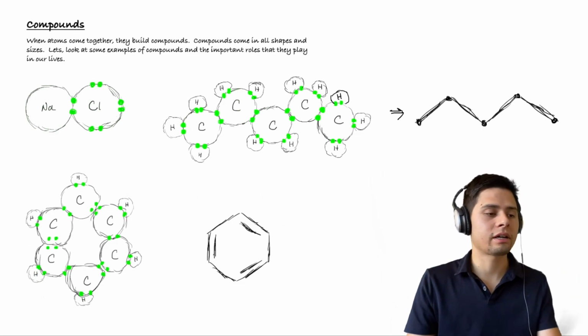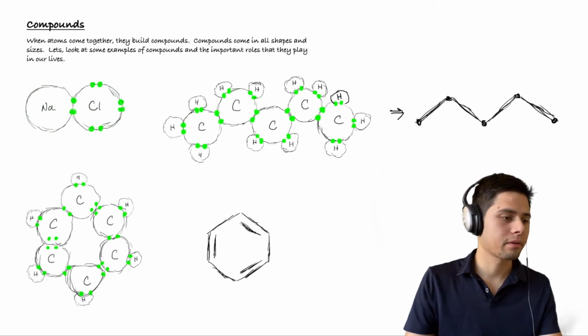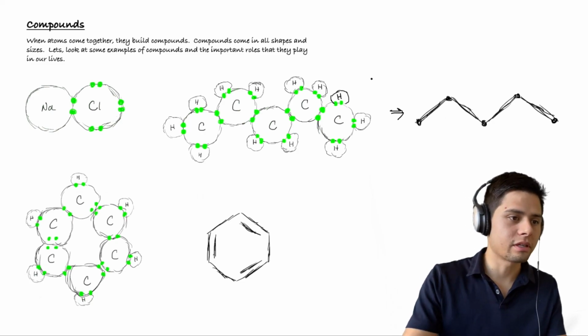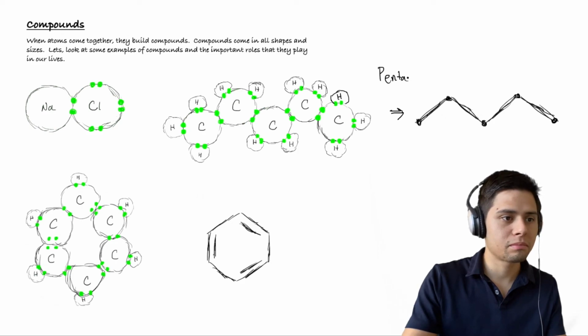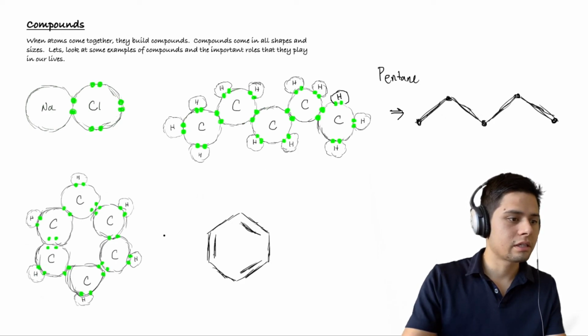That has to do with the octet rule. Again, I'm just getting our feet wet with compounds here. And this is benzene. So I'll write the names of these. So this is pentane, and this here is the same as this, and this is benzene.